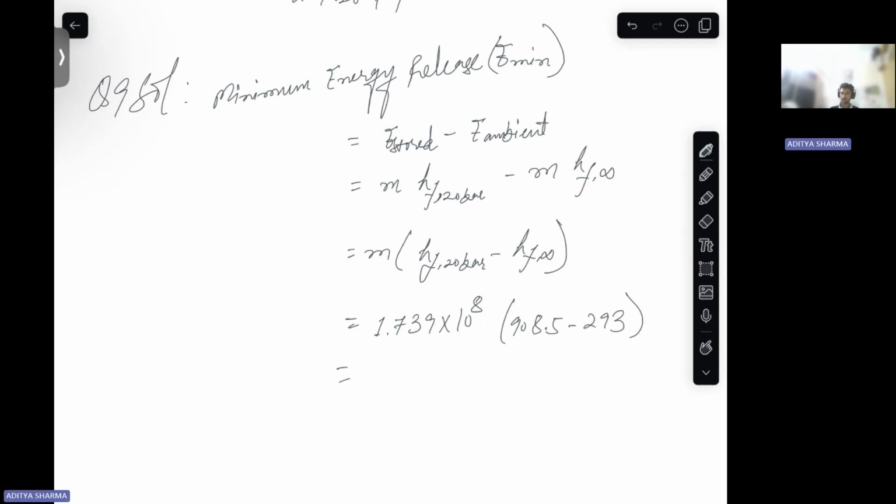Now calculating this will come out to be 1.07 into 10 raised to power 11 kilojoule.